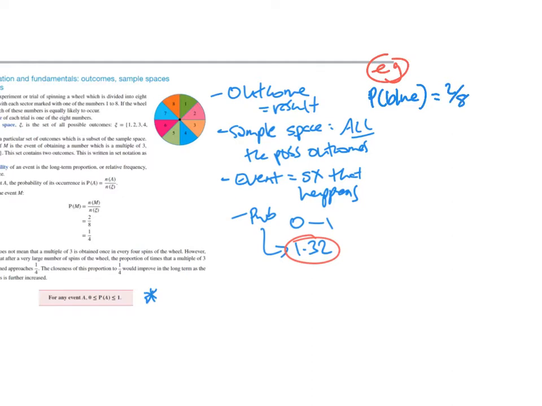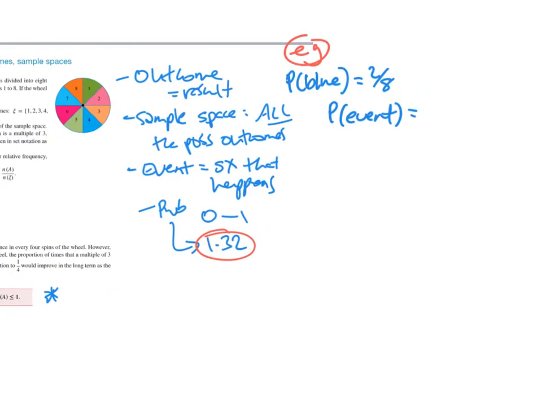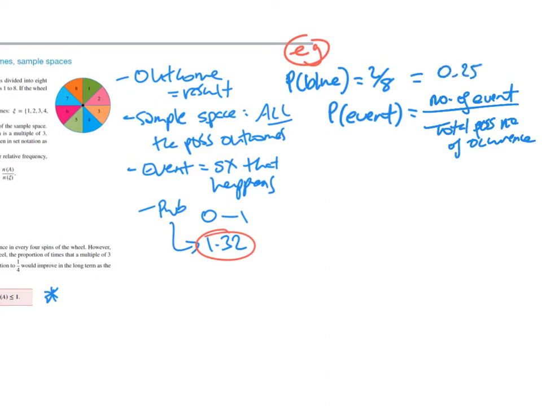We calculate the probability of an event as the number of occurrences of the event itself, out of the total possible number of occurrences. So 2 out of 8 is blue, and because fractions are okay with probability but decimals are better, we're going to divide that out: 0.25.